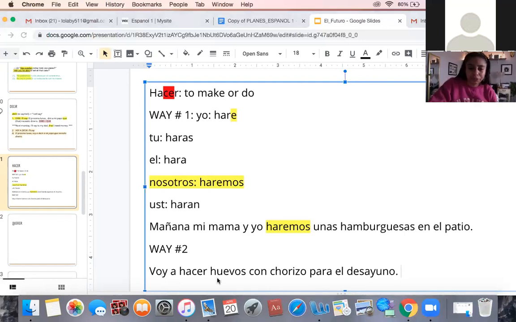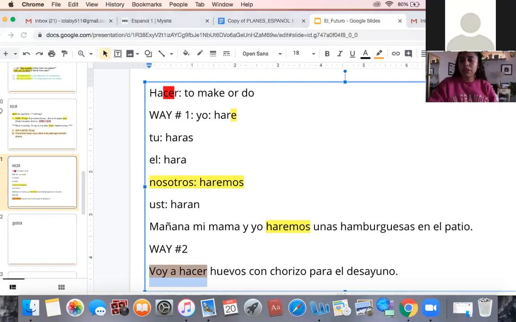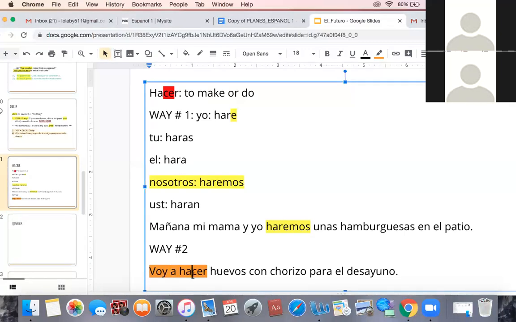Entonces, here's your hacer. And who's gonna make them? ¿Quién los va a hacer? Haley Simons. It says, voy a hacer. Who is going to make? It seems like it doesn't have a person, but it does. Who's gonna make eggs?